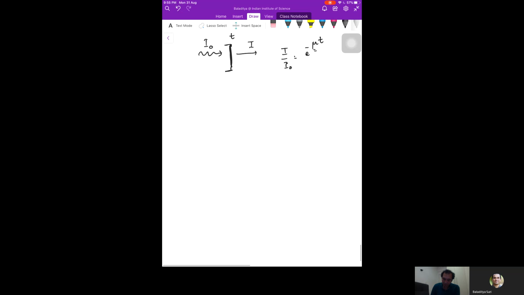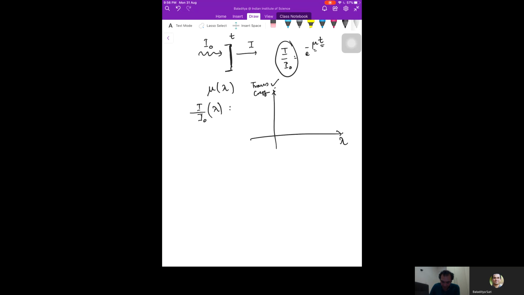Now mu is called the photoabsorption coefficient, or X-ray absorption coefficient in this case, and it's usually a function of lambda. Okay, so if we know mu as a function of lambda, or in other words, if we fix t, if we know I by I naught as a function of lambda, okay, if we have a plot of the transmission coefficient and lambda.